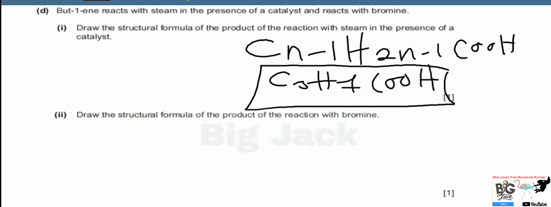How many carbon atoms do we have here? We have 3. Remember, butanol is not an unsaturated hydrocarbon, so it contains single bonds. So we draw C, another C, another C, then we put the hydrogen atoms.